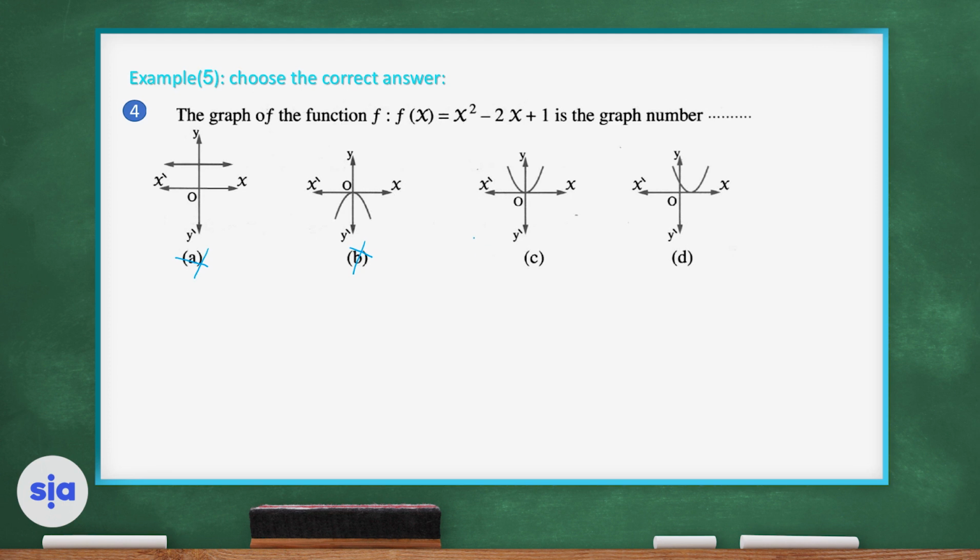Now, when we replace x by 0, the result is 1, so the graph will touch the y-axis at 1. Here the graph is cutting the y-axis at 0, but in D the graph is cutting the y-axis at 1.